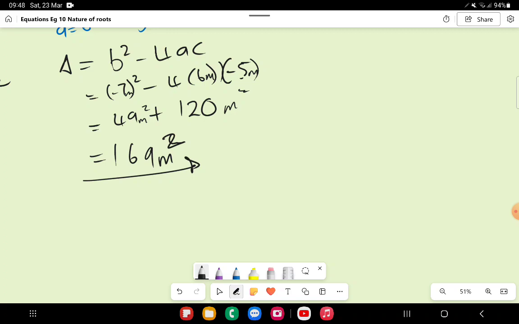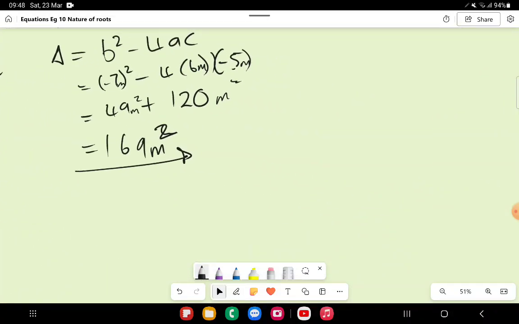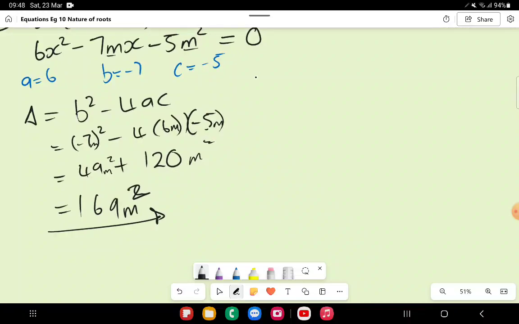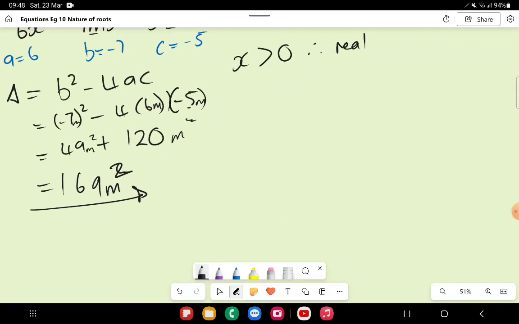So now the question says show that it is real. Is this real? Yes. Delta is greater than 0, therefore it is real. Is it rational? For it to be rational, it needs to be a perfect square. 169 is a perfect square.